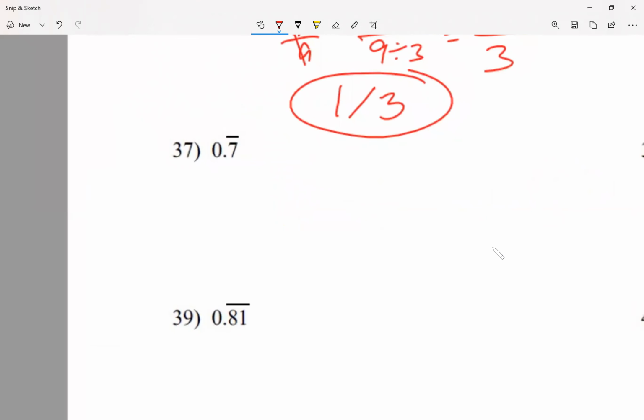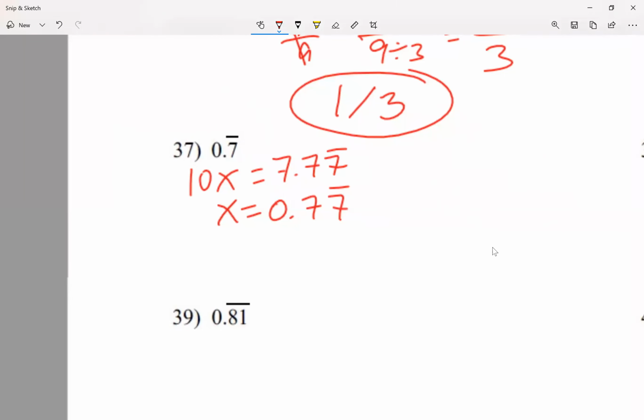Now here is 0.7777. So I'm going to say that 1x is equal to 0.7777 on and on. So that means that 10x is equal to 7.777, on and on. When I subtract this, 10x minus 1x, that is 9x. I know on this other side, the numbers after the decimal point basically cancel out.